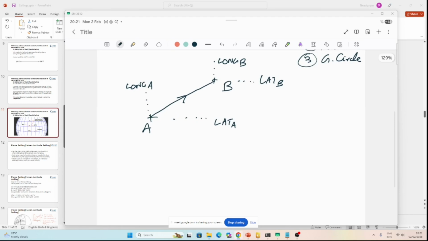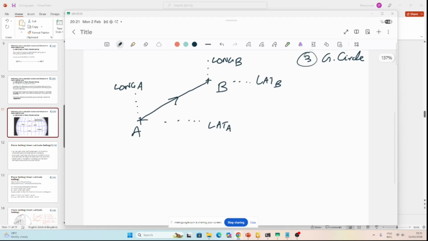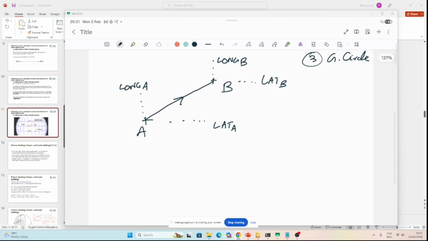Plain sailing today is a bit obsolete. We are not using plain sailing. It was used when the older seafarers were doing navigation. But in present day navigation, you are not using plain sailing much.